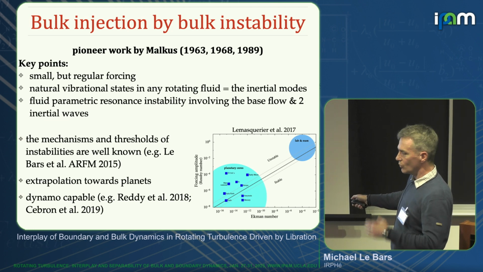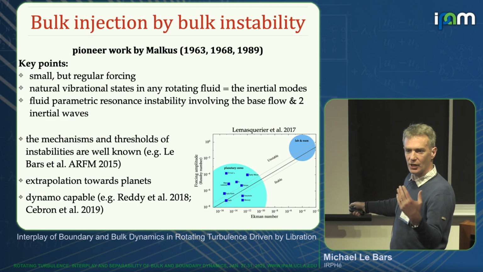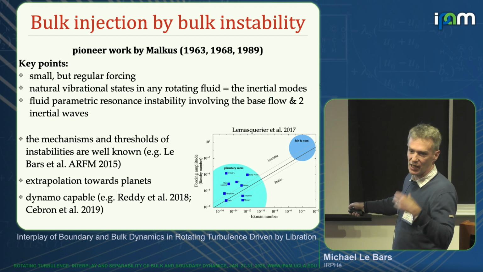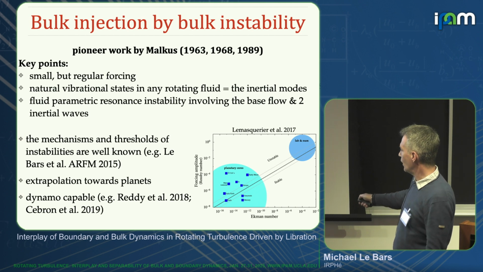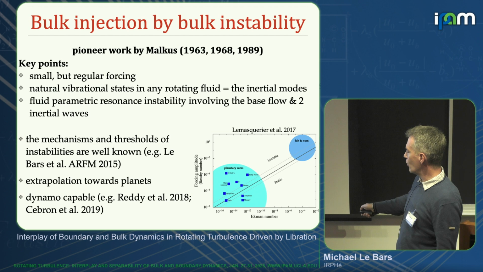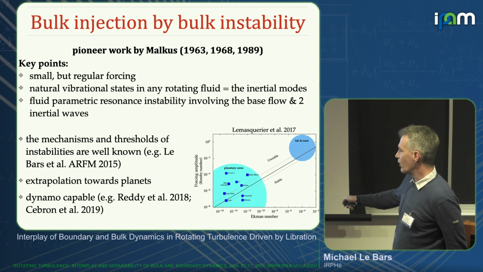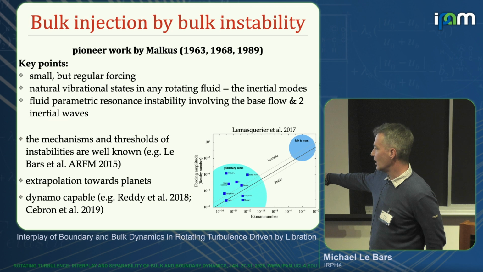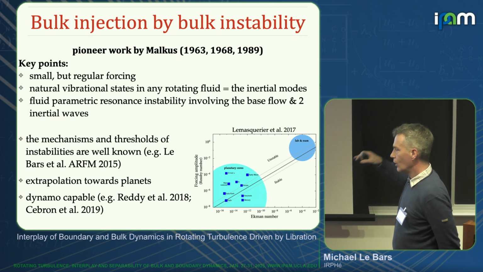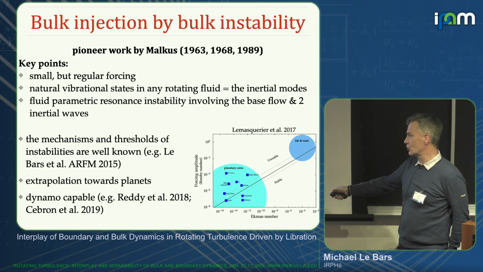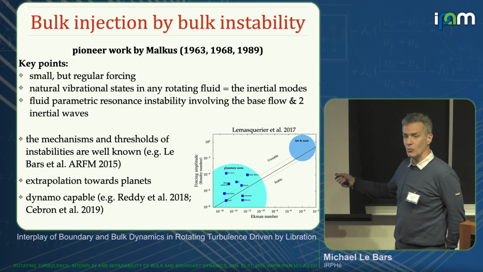Of course, the prefactor depends on the excitation you're looking at, but it's always the same order of magnitude. So we can extrapolate from the lab, around 10⁻⁶ to 10⁻⁴ in Ekman number, to the planet. And you see, this comes from a work by Daphne, we have a bunch of planets that are actually in the unstable domain. Other things that we have done also is to show that these flows are dynamo capable.